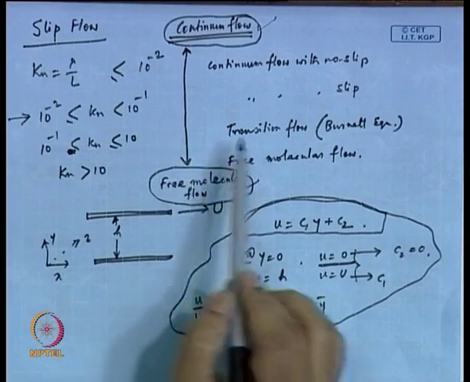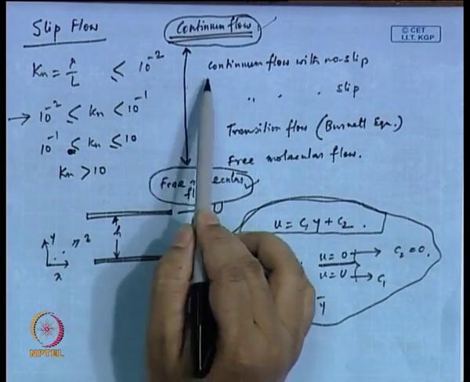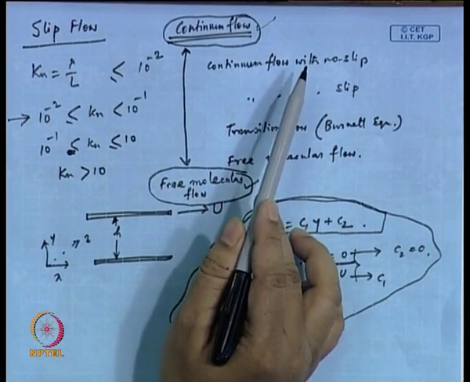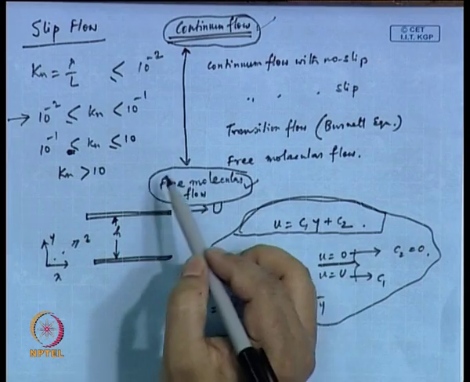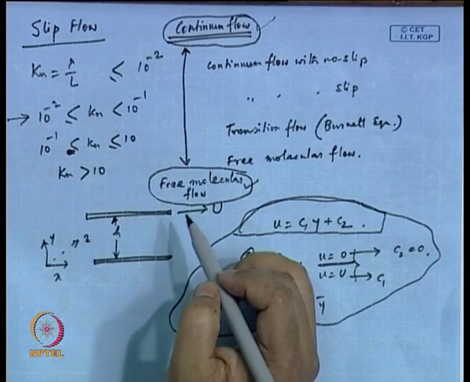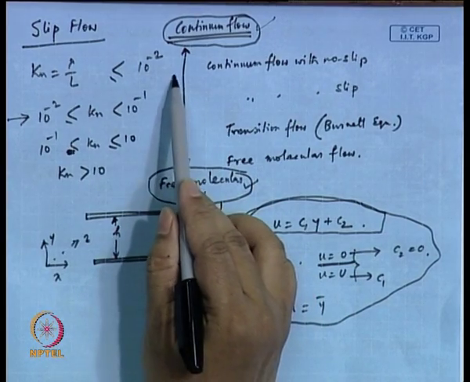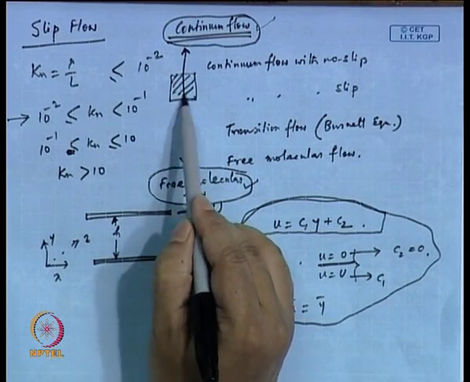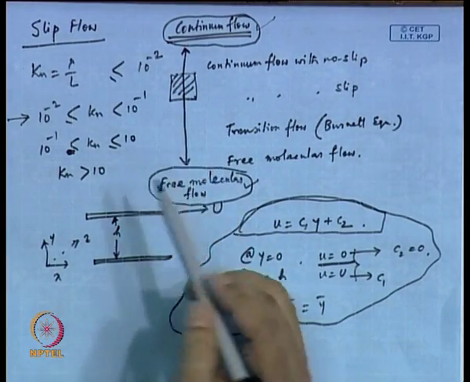Now, with this slip boundary condition, you know that you are in a regime where the continuum flow assumption cannot be taken. However, you do not want to invest that much effort in getting into the free molecular flow. So, you are somewhere in between, and you come up with an approach which is more practical, where you do not require that much computational time, and at the same time you do not leave out all the understanding of continuum flow.